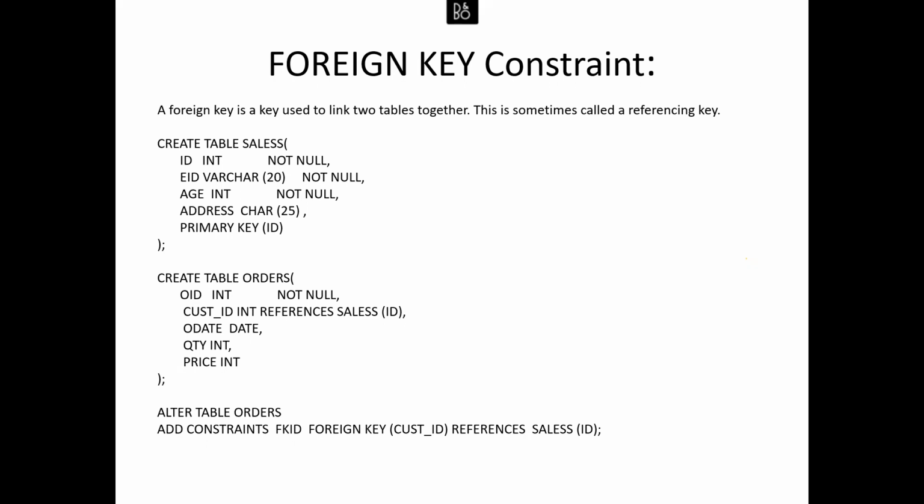However, unique does, but only once. If you have a unique field, you can have only one null value in that field. But in case of primary key, you cannot have null values. Moreover, we can have only one primary key in a table, but we can have multiple unique fields. This is an important question, so please do remember this.